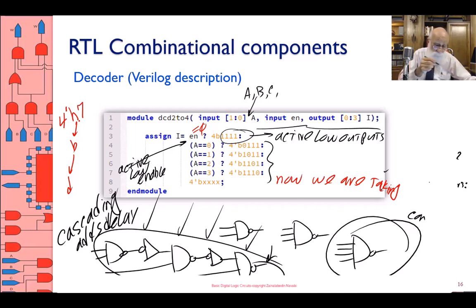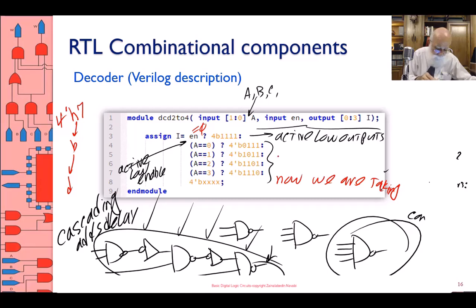Okay? And so you say 4'h7. That means this is a hex number, 4 bits, and then the number is actually 7. So here I have, if A is 0, I'm putting 0, 1, 1, 1 on the output.